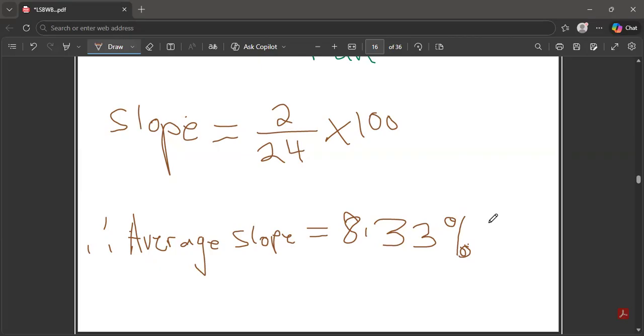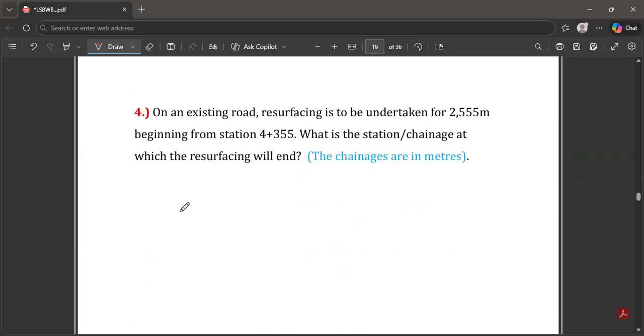Let's proceed to solve question 4. Question 4 talks about Chainage. Let's see what the question entails.